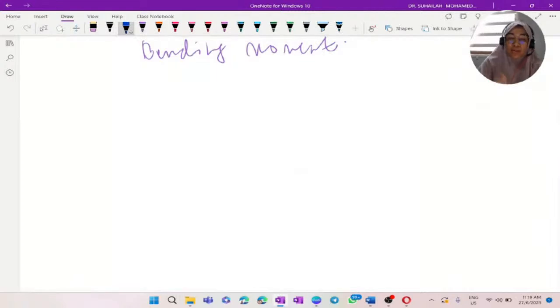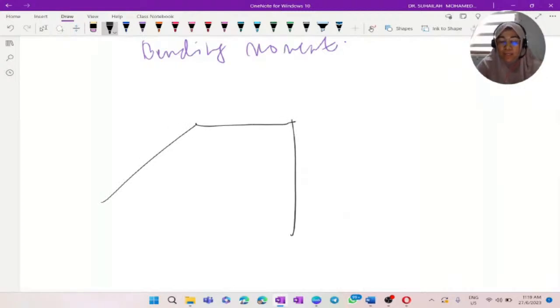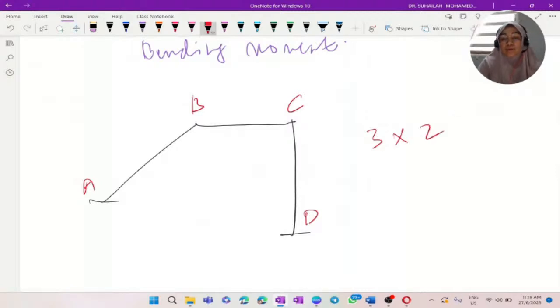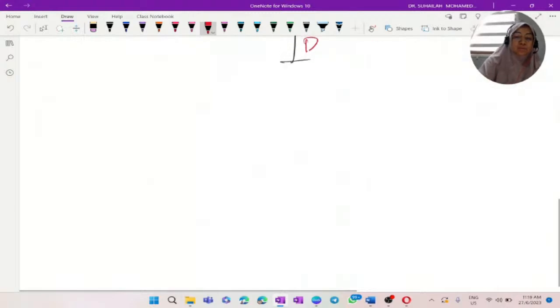For example, this frame looks like this, fixed at A and D. There are three members: AB, BC and CD, and each member has two ends. So we will have six member end moments, or six internal moments.